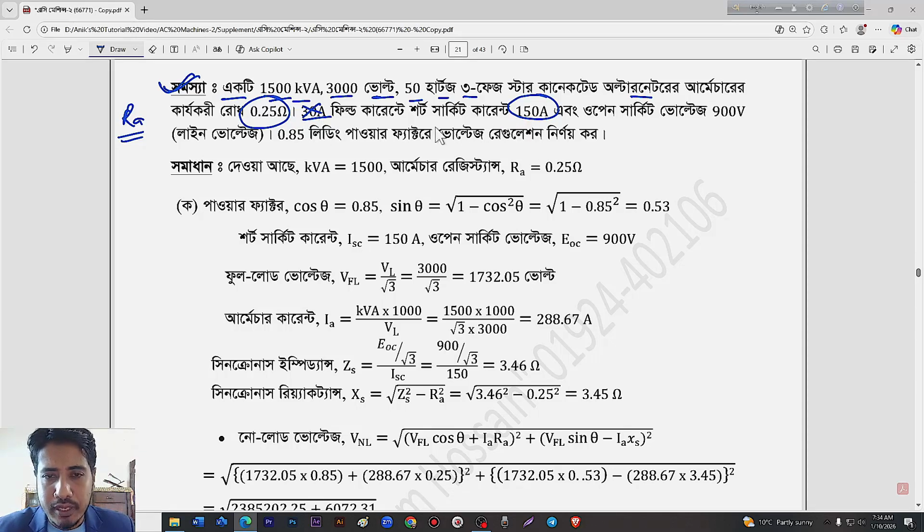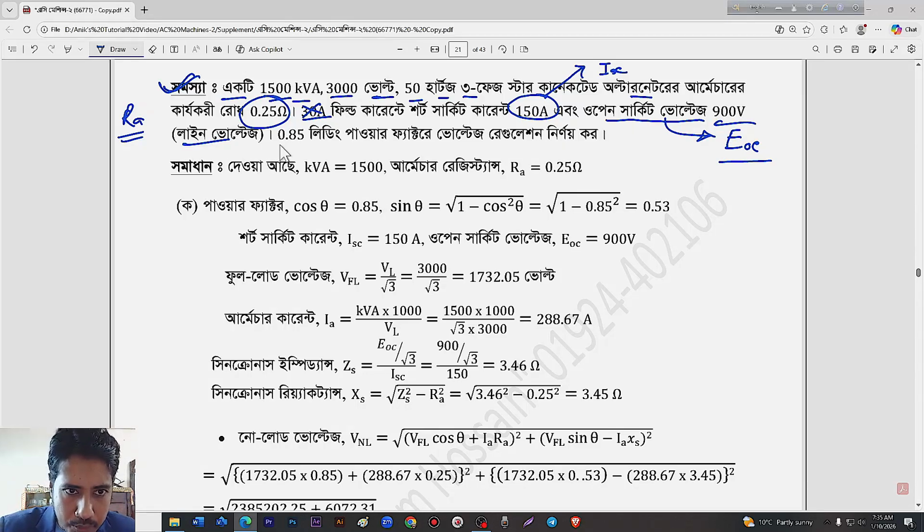The short circuit current ISC is 150 ampere, and the open circuit voltage EOC, a very important value, is 900 volt, which is line voltage also, at 0.85 leading power factor. Of course the voltage regulation will be negative because the system is leading. Find the voltage regulation.